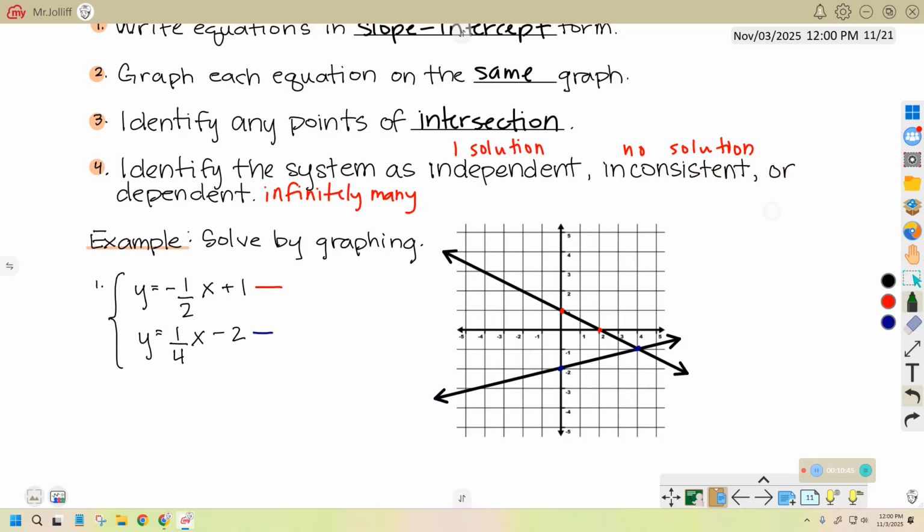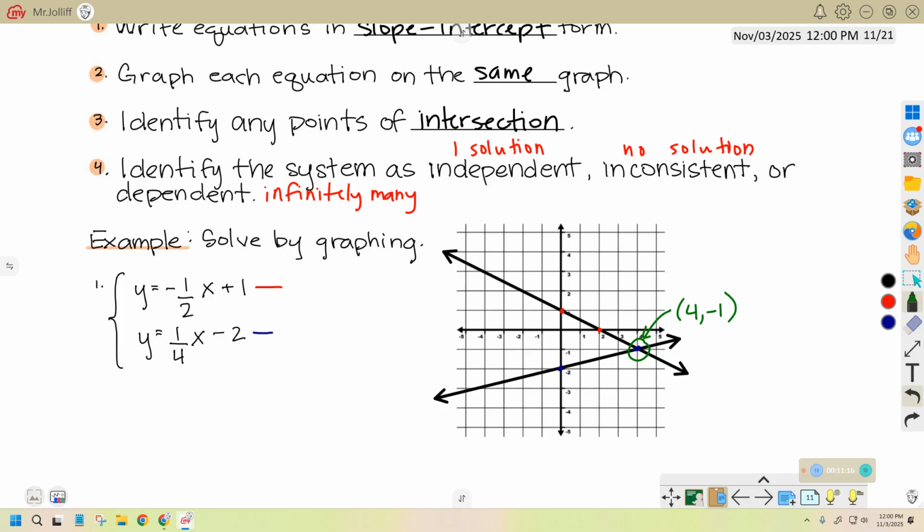So my intersection point is right here, and the ordered pair for that is 4, -1. Based on the number of solutions that we have, is this independent, inconsistent, or dependent?